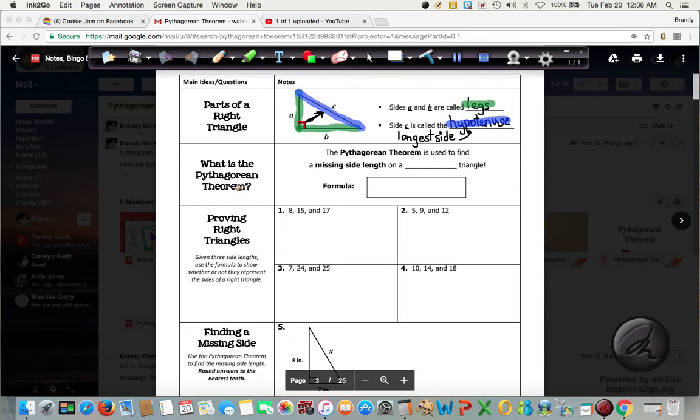So what is the Pythagorean Theorem? There is a guy back in ancient Greece called Pythagoras, and he created this theorem.